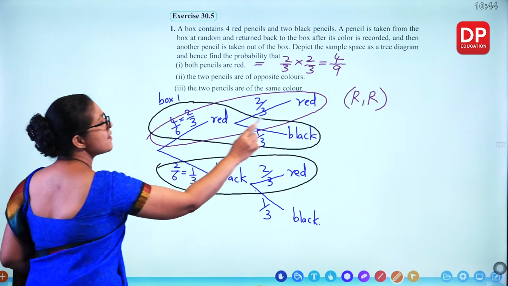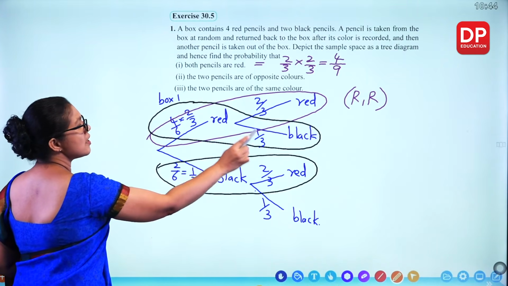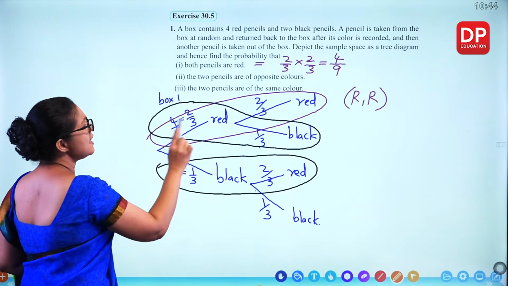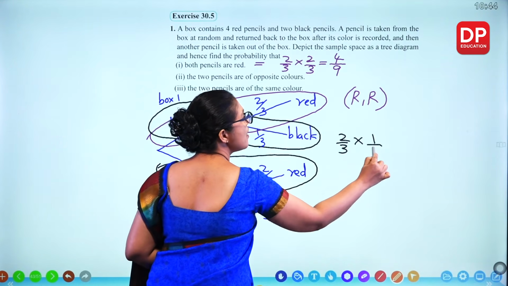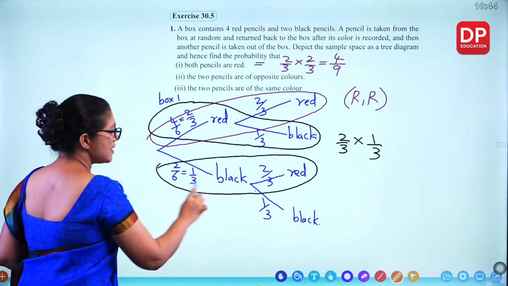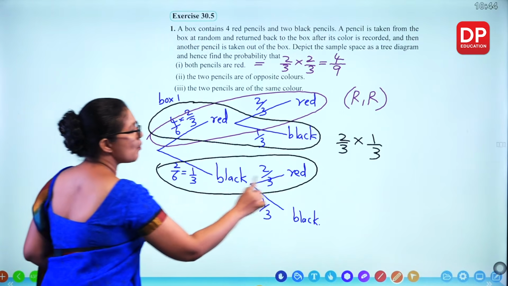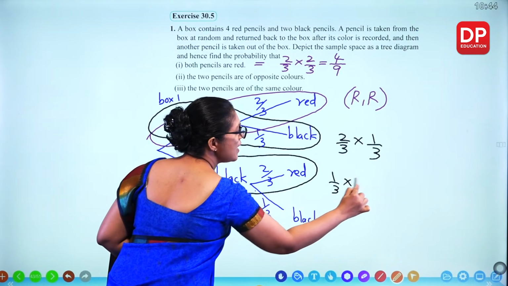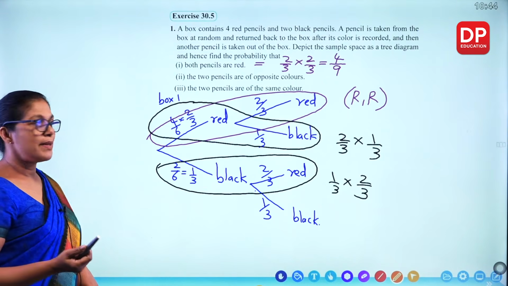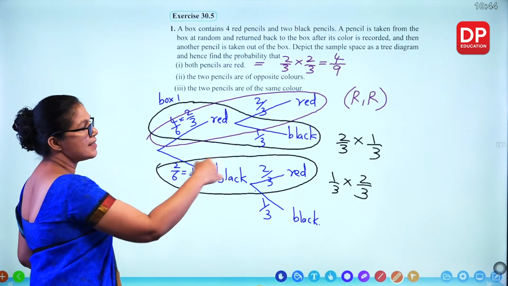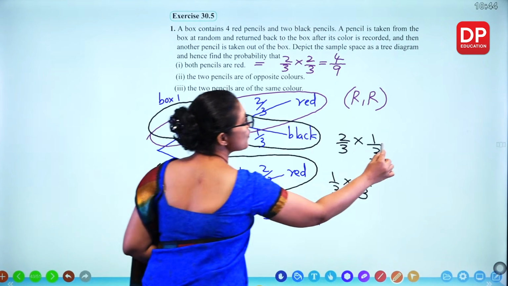So when you take this branch, how can we find out the probability? This is 2/3 multiplied by 1/3. This branch, 1/3 multiplied by 2/3. So when you want the total probability, you need to add these two together. So what is this one?